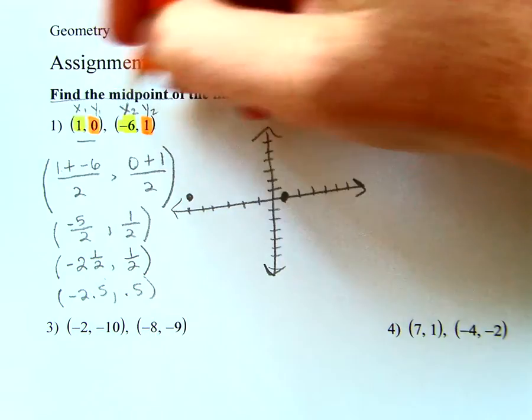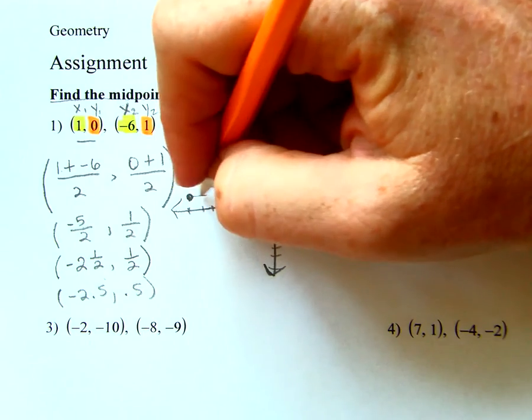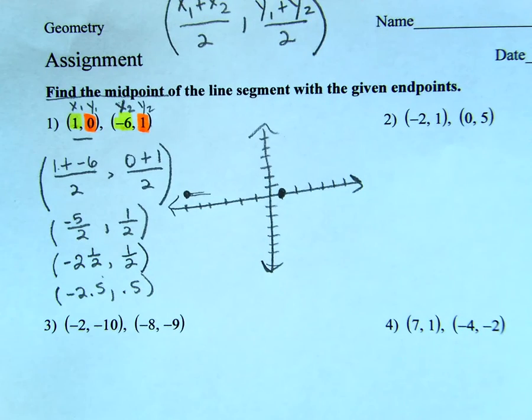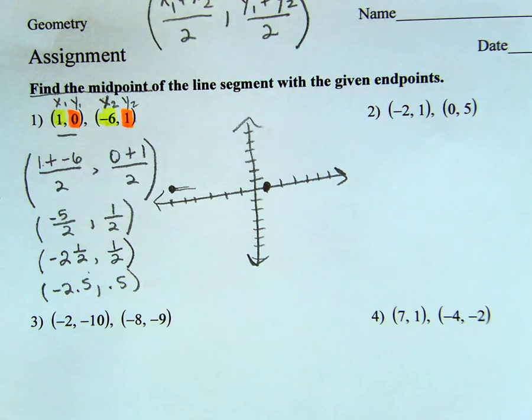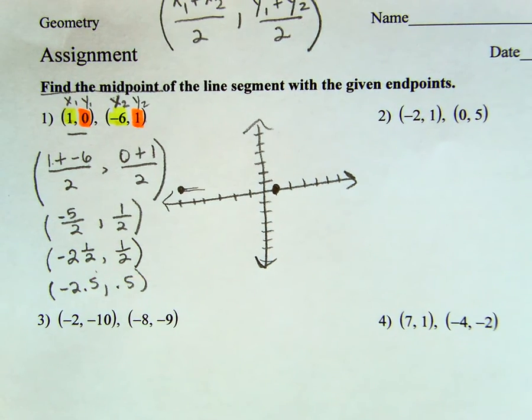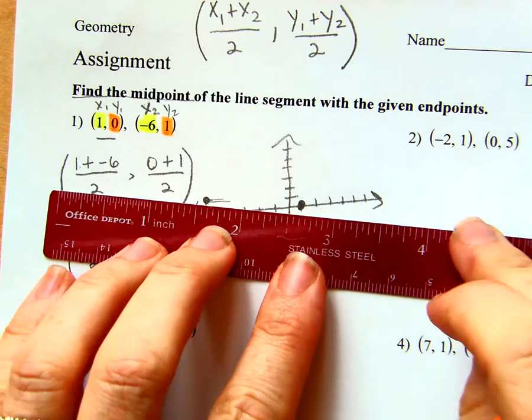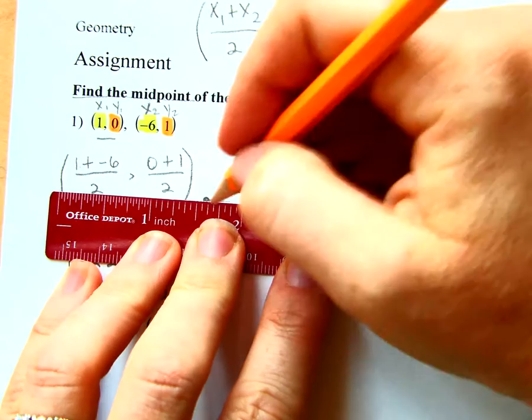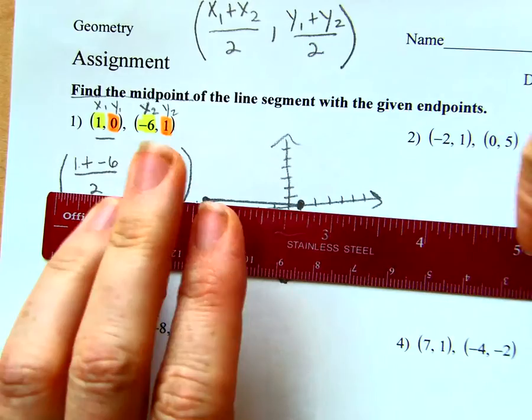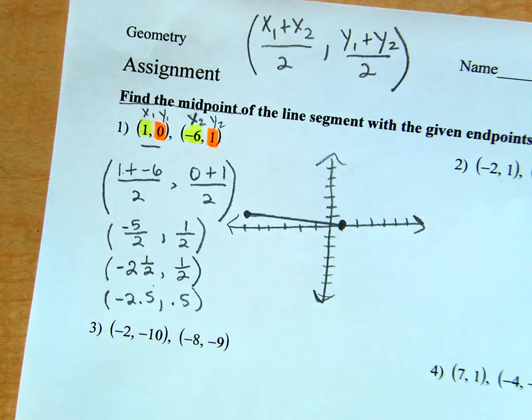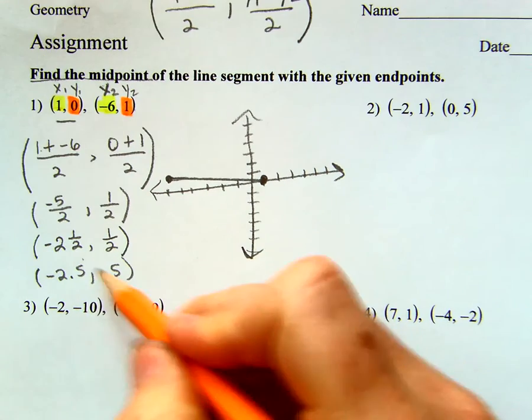And so if I were to make a line segment between these two, and I'm just going to grab a ruler so this doesn't look crazy, I could find the middle of the line segment, right? And this should be where it happens.